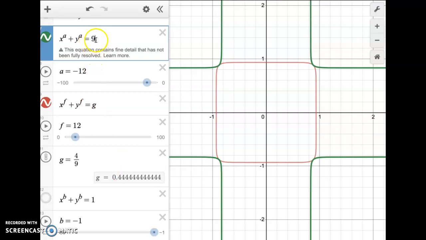So we basically raise 9 to the -1, so that we'd have like 1/9, and then multiply that reciprocal by 4.